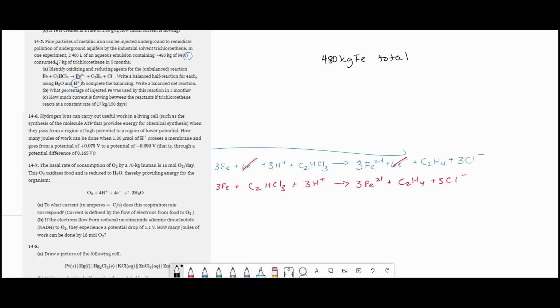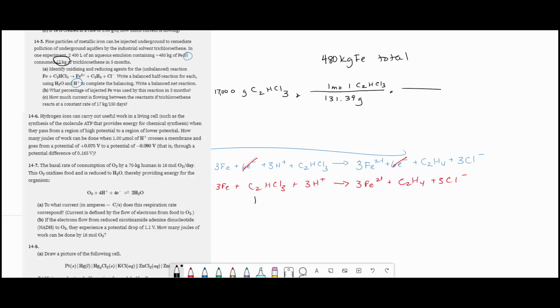Well, we used the equivalent amount of iron to consume 17 kilograms of C2HCl3. So let's convert that into moles first. So I'm going to just change this into 17,000 grams, save me a step. And the molar mass of this is 131.39 grams per mole.